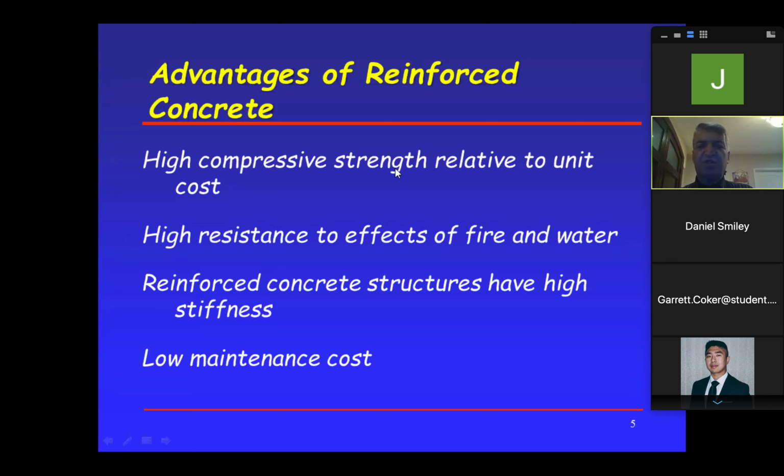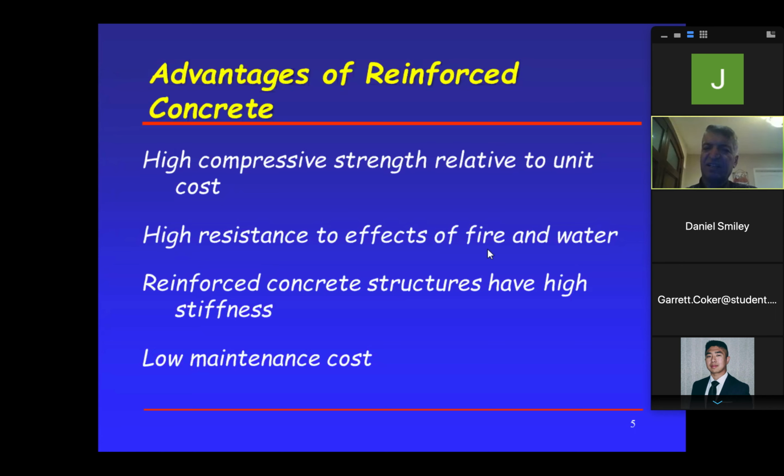All right. So high compressive strength relative to unit cost. High resistance to the effects of fire and water. I mean, the more water you put on the concrete, the stronger it gets. But the more water you put on wood, you ruin that. And the more water you put on steel, if it's not protected with paint and all that, you ruin that. But concrete loves water.